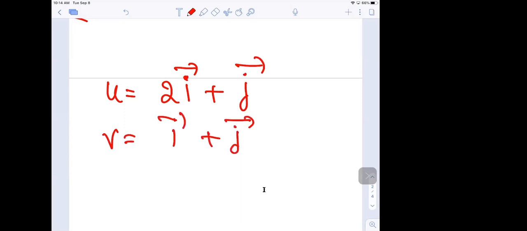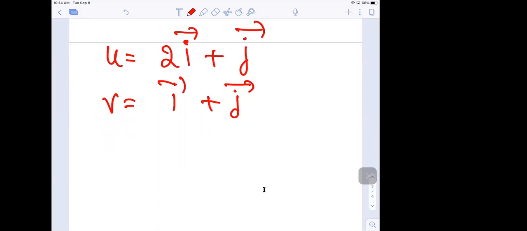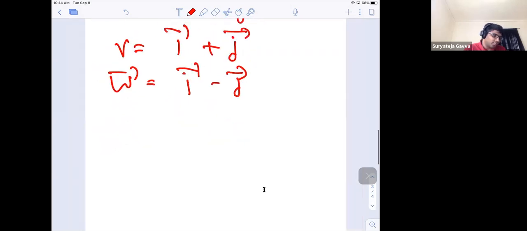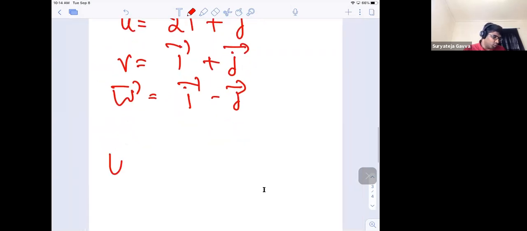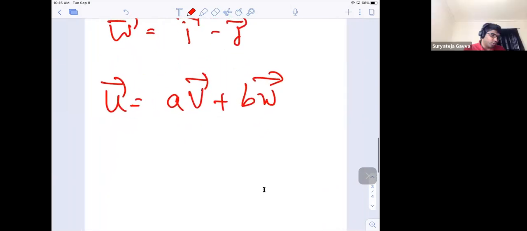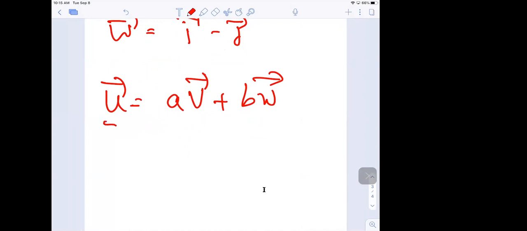You have these two vectors, and three vectors actually, there's w, i minus j. He's saying that there's a relation like this: u is a v plus b w. We don't know what a and b are, we have to find them. That's the question, right?